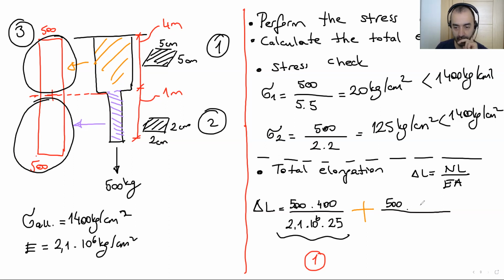Length of the member is 1 meter converted to centimeter here. E is E. It doesn't change because it's regarding the material. It's coming from the question. Times area for. Yes, this gives us the total elongation.